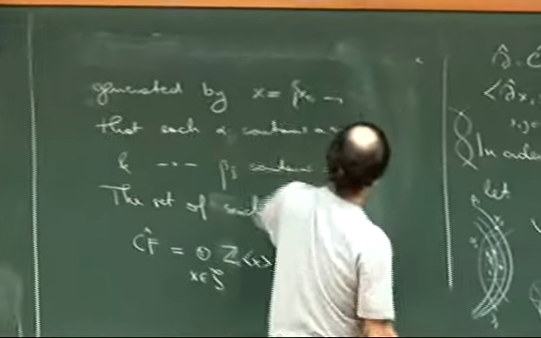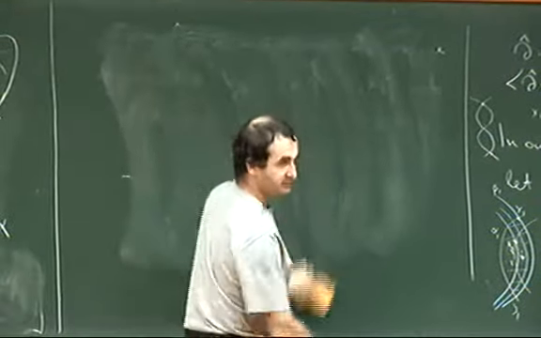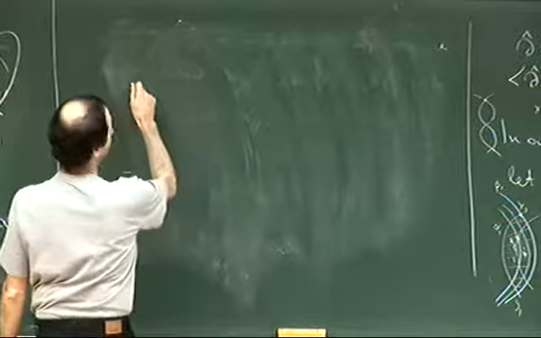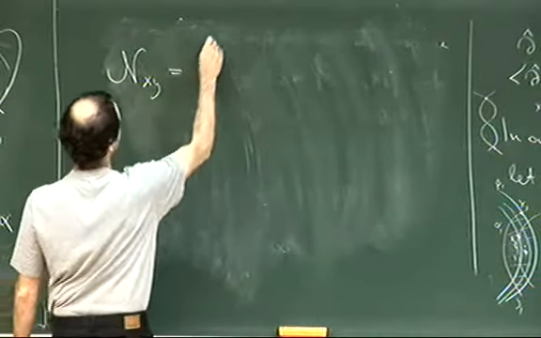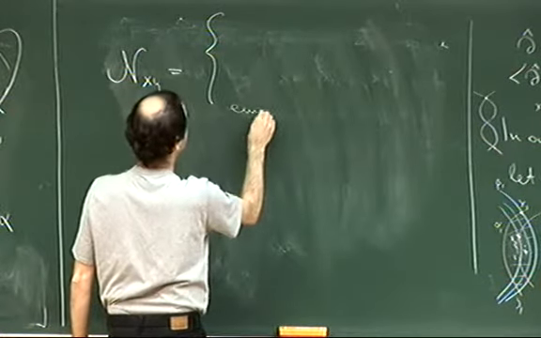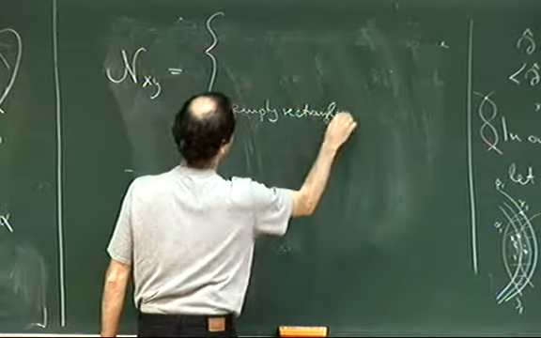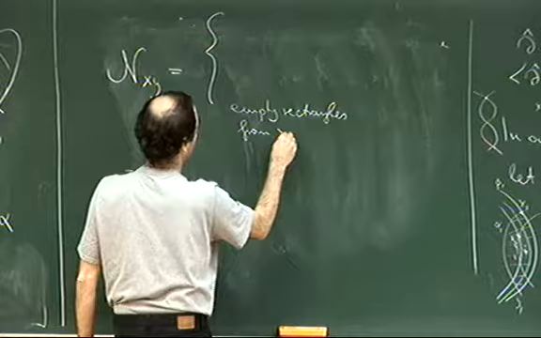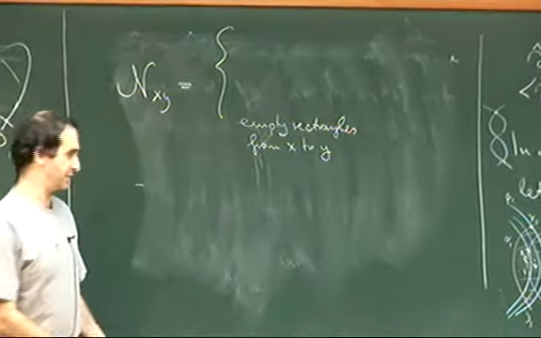Okay, and then there is one last case, and I will not give the details of that. It's just the same. So I'm still defining this n_xy. The last case is empty rectangles from x to y. And again, the definition is the same.